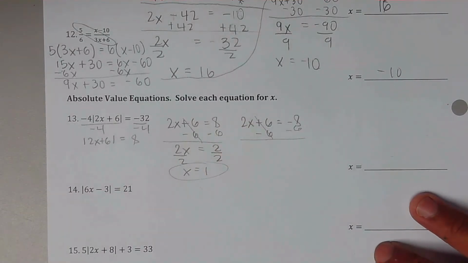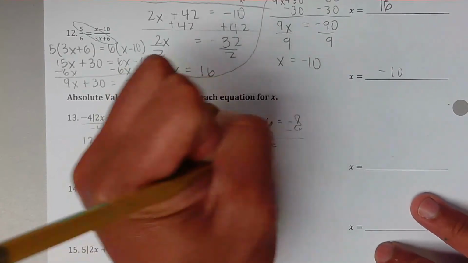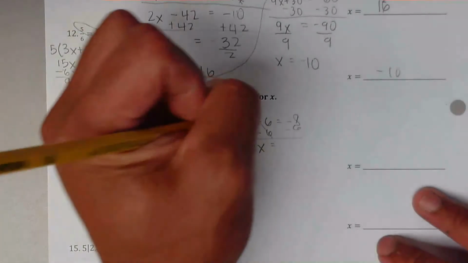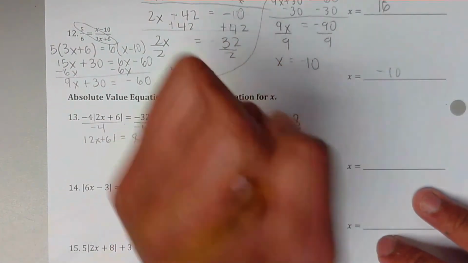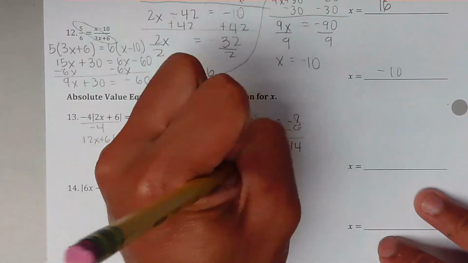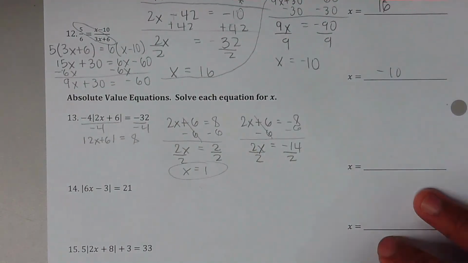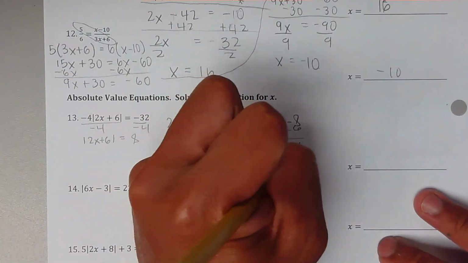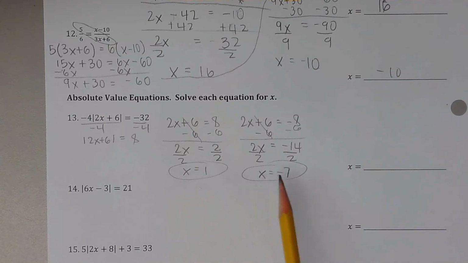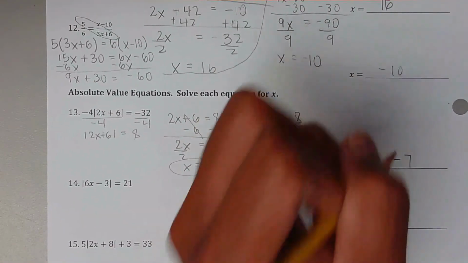That cancels out. We get 2x is equal to negative 8 minus 6, that gives us negative 14. And then dividing both sides by 2, we get x is equal to negative 7. So our two answers, 1 and negative 7, or 1 comma negative 7.